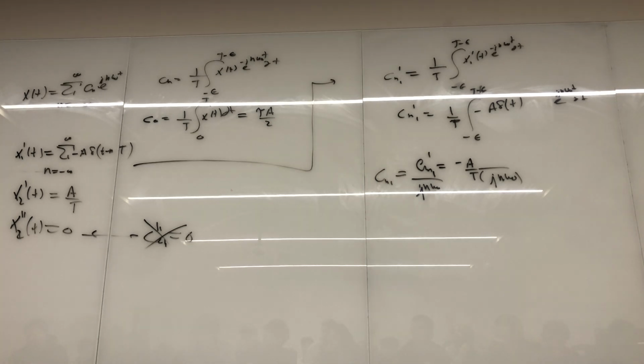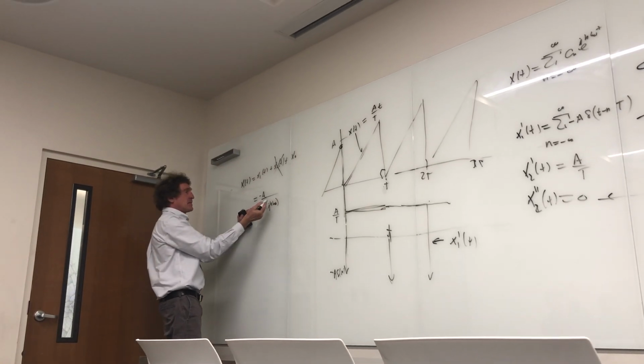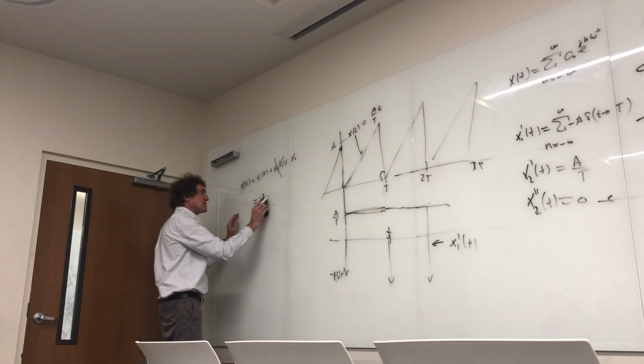You all follow me? What was x2 of t? 0, goes away. What was x1? Minus a over t times j n omega naught, right? It's that. And that is the C of n, but actually I didn't put the series in.